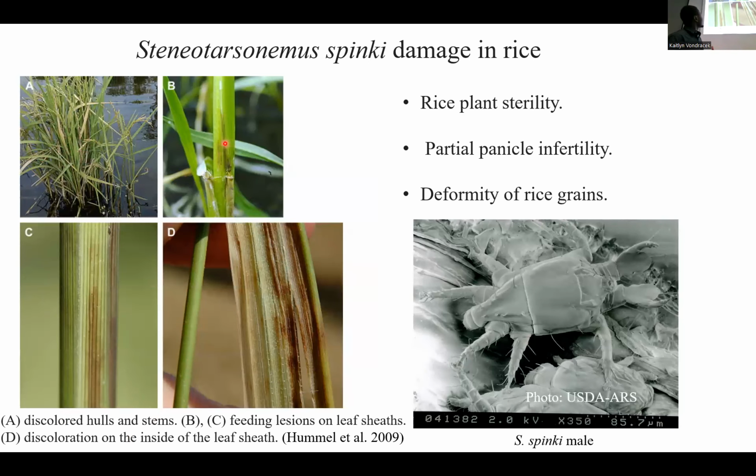But if you take a closer look at the plant, this is what you see: the feeding damage here on the leaf sheaths. And if you look inside the sheath, it will have those brown colorings. So this is a big problem for rice growers anywhere. And the first time it was actually reported was in Louisiana rice fields.